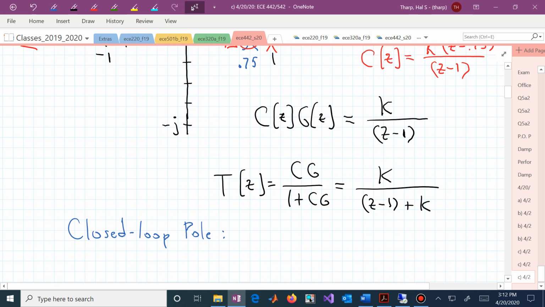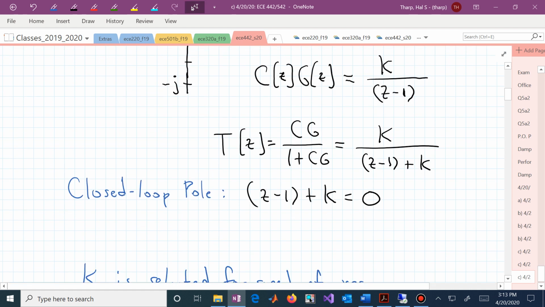Our closed loop pole, we only have one, is determined by the denominator of capital T of z, our closed loop transfer function, and we can find that closed loop pole by finding the characteristic equation, or setting the denominator polynomial equal to 0.